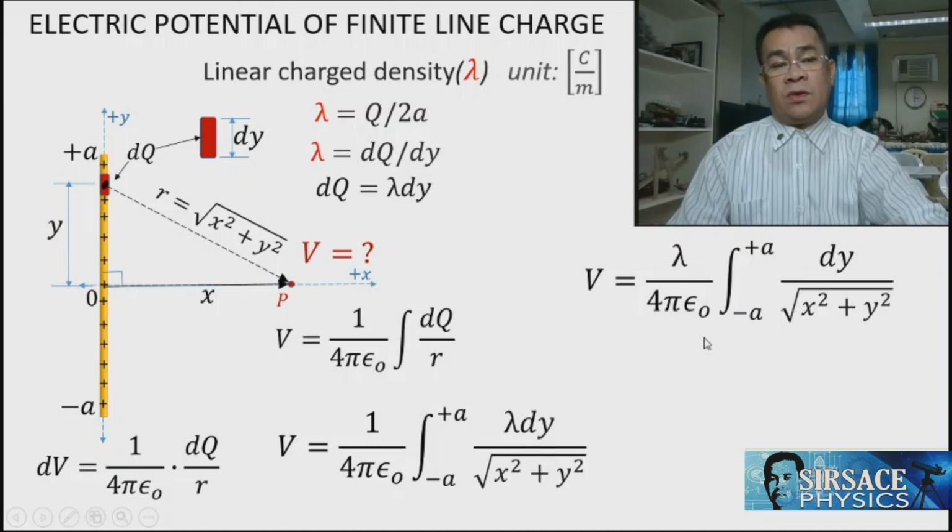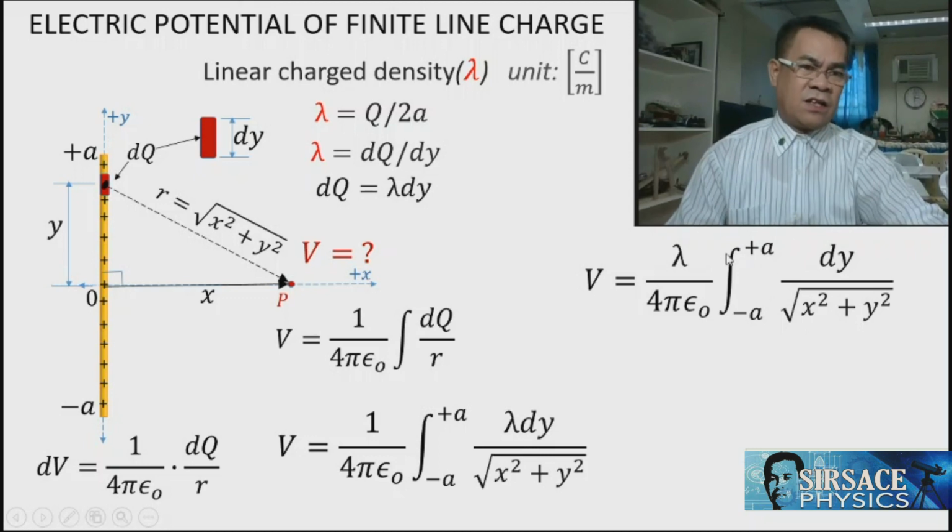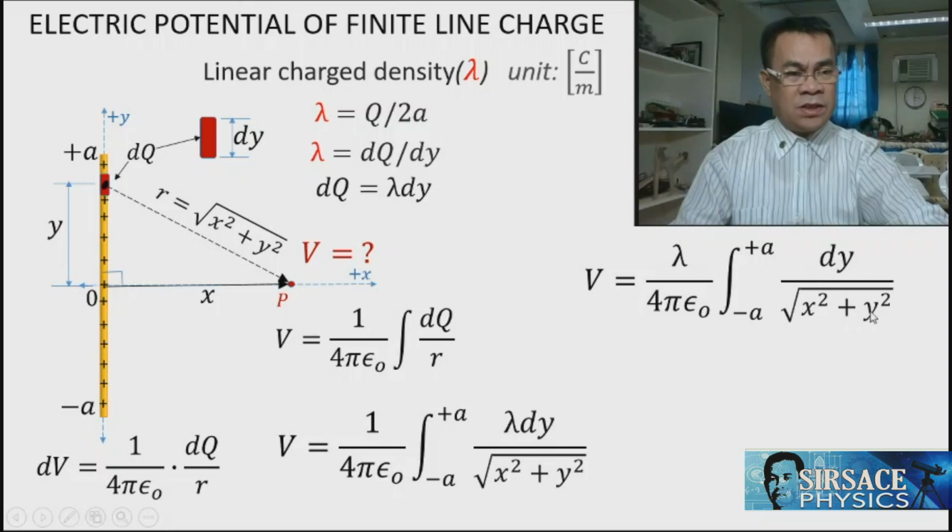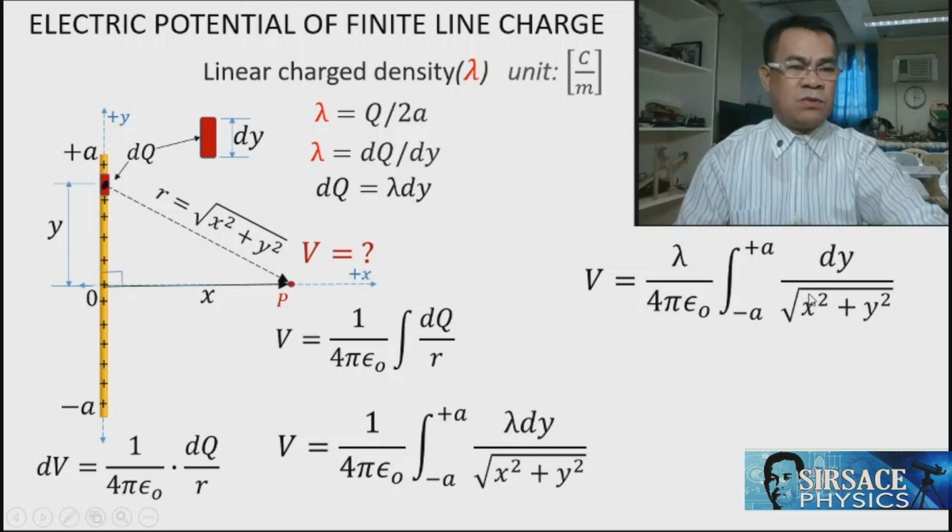So the question now is how to evaluate this one. When you look at the integral, we cannot apply our basic integration here. Why? Because this is second degree and we have no y here. If we had y in this one, then we could apply the basic substitution method.